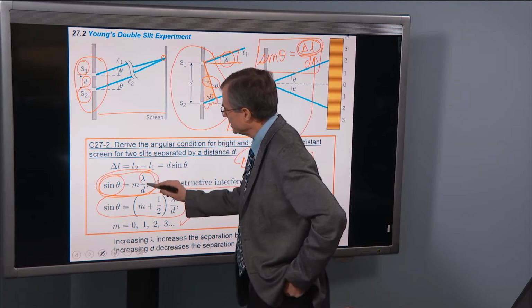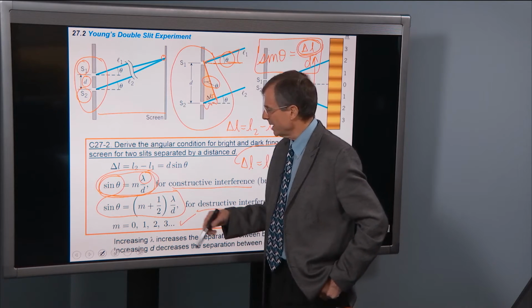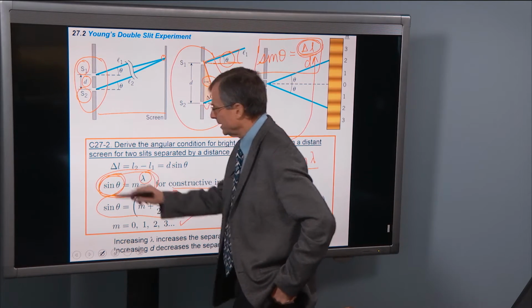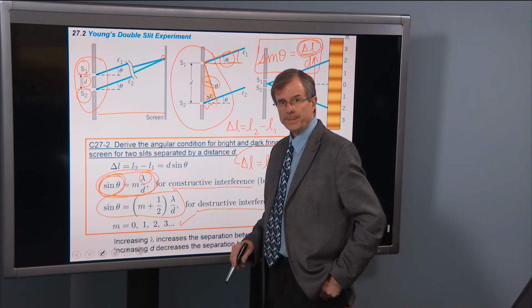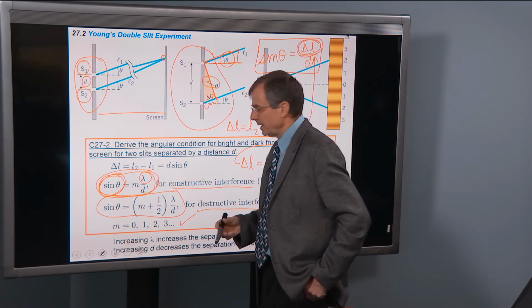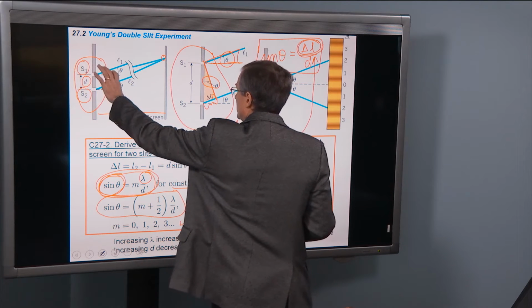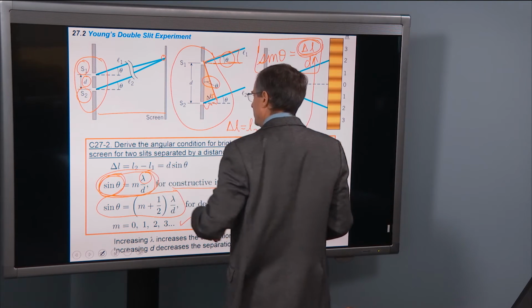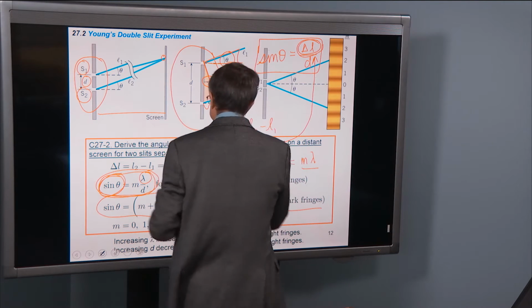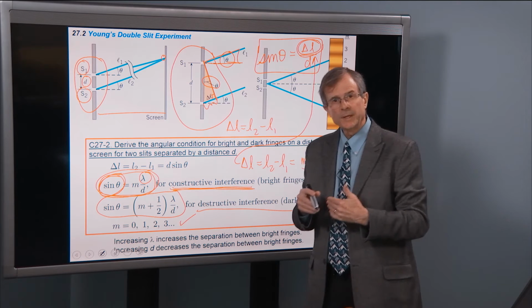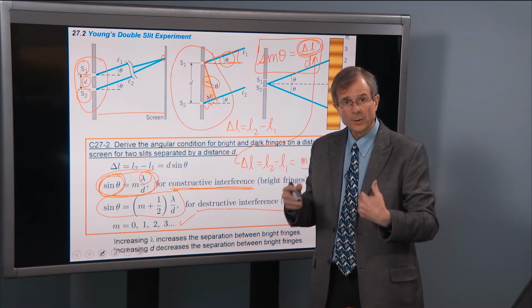If you increase lambda and keep everything else the same, keep m and D the same, then theta is going to increase. And what does that mean? If we increase the wavelength of the light that we're passing through these slits, then the angles for constructive interference are going to get farther apart.